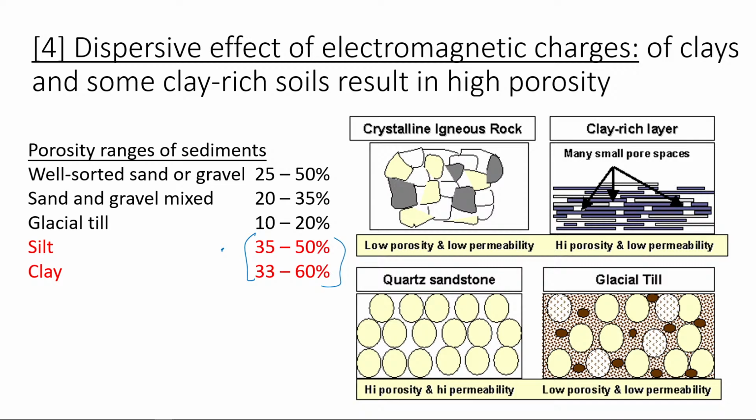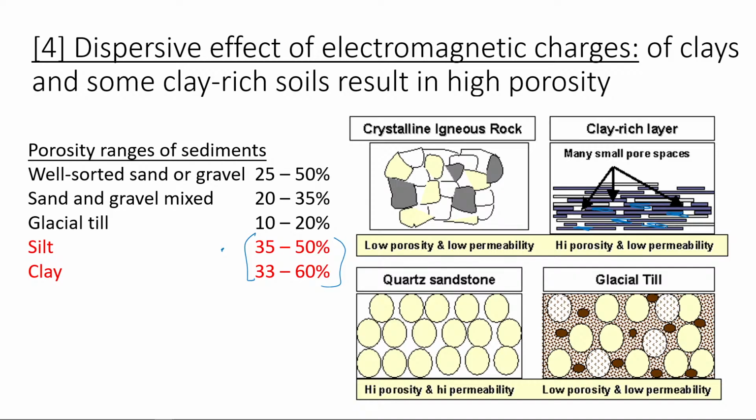This is because of the dispersive effect of electromagnetic charge present on the surface of certain book-shaped clay minerals. You see this looks like a book, sheets, one on top of another, and these sheets create electrostatic charges that make the clay particles repel each other. This results in a relatively large portion of void space, like these sheets look here. And that's why clay and silt have high porosity.